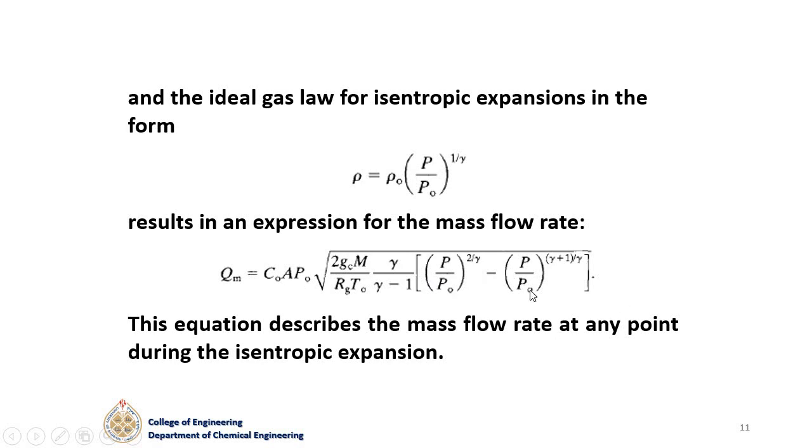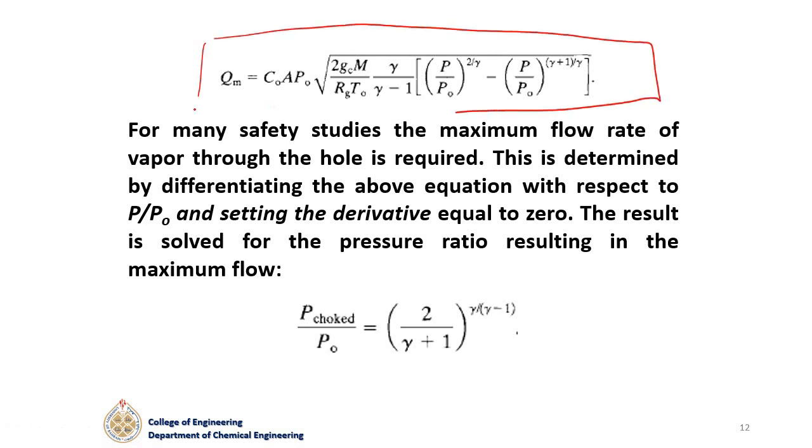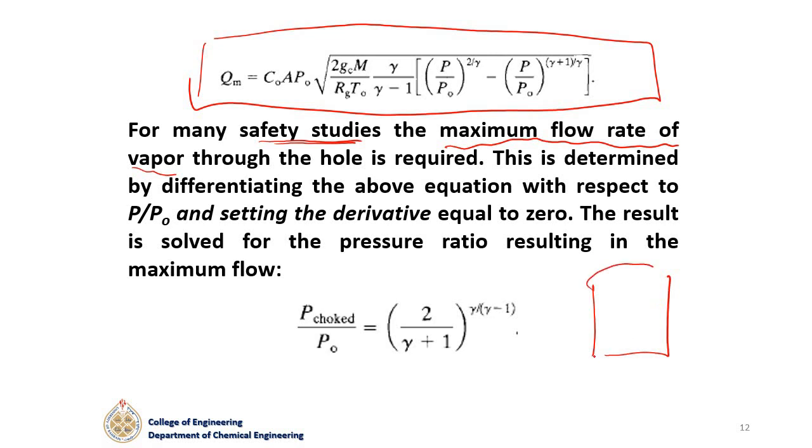So this is the beautiful equation that I have, which represents how the mass flow rate is changing. But for safety studies, I don't want to consider friction and so on. I want to consider the maximum flow rate of vapor through the hole. I just want to take the worst scenario, right?